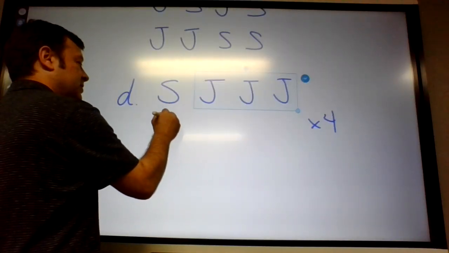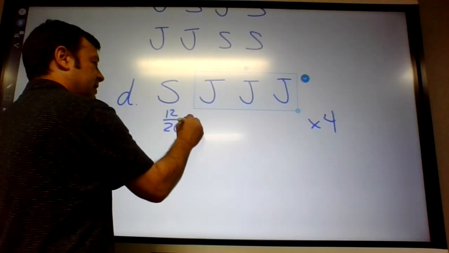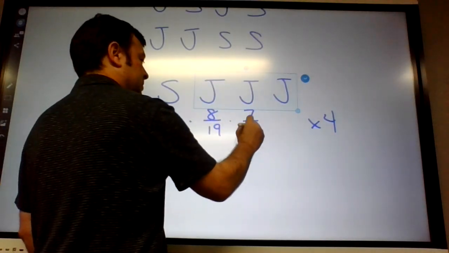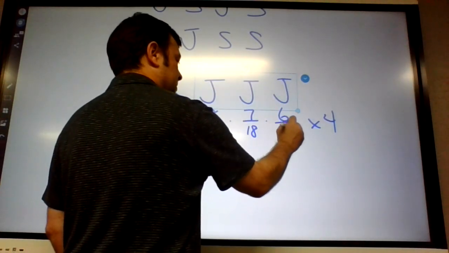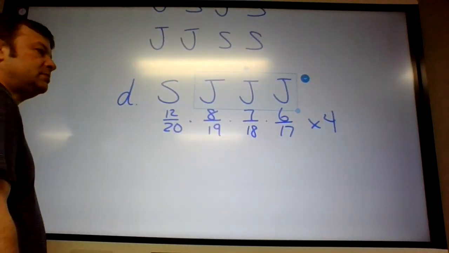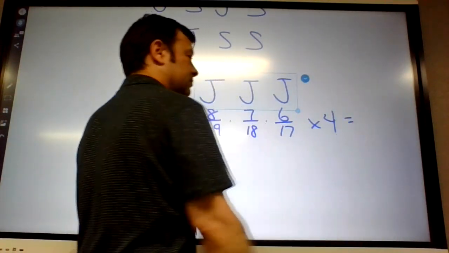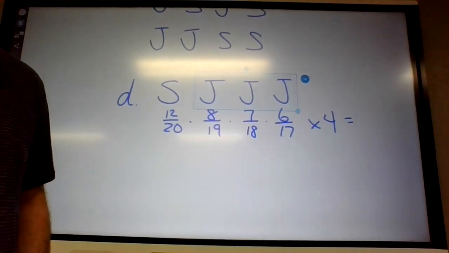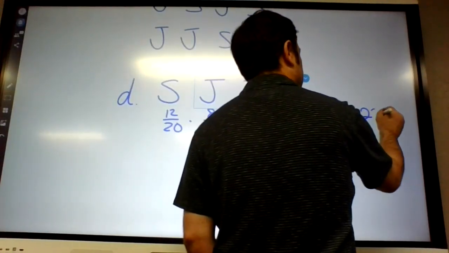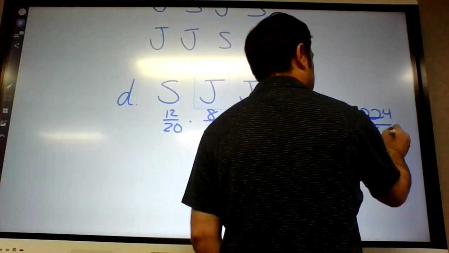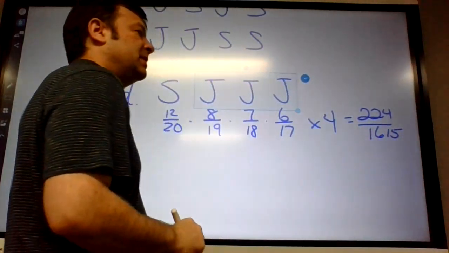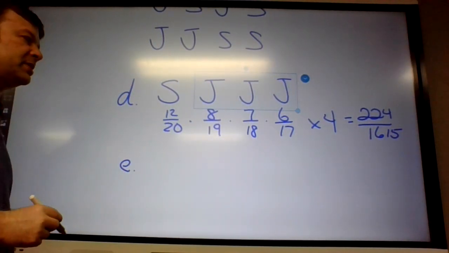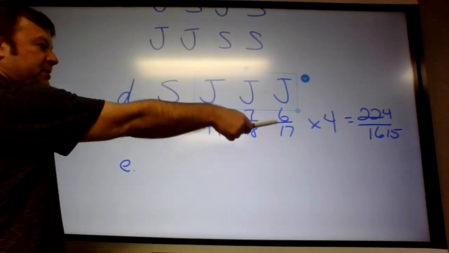So the first one being a senior is 12 and 20. The second one being a junior, there's 8 juniors. So 8 out of 19. 224 out of 1615. Now the last option is no seniors. We could just do 1 minus all the other answers.